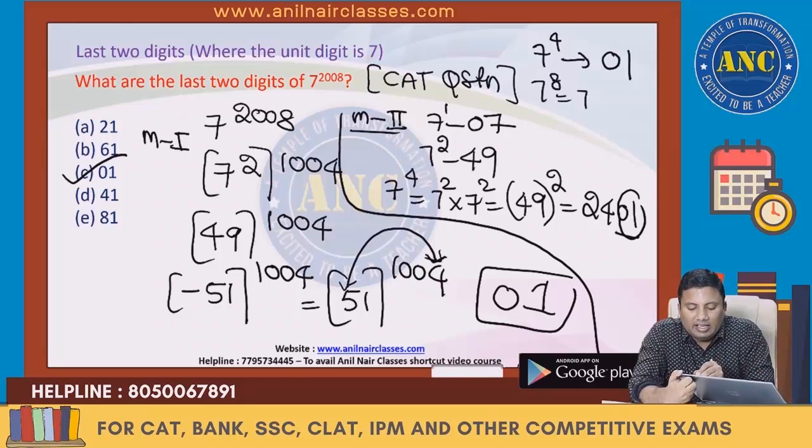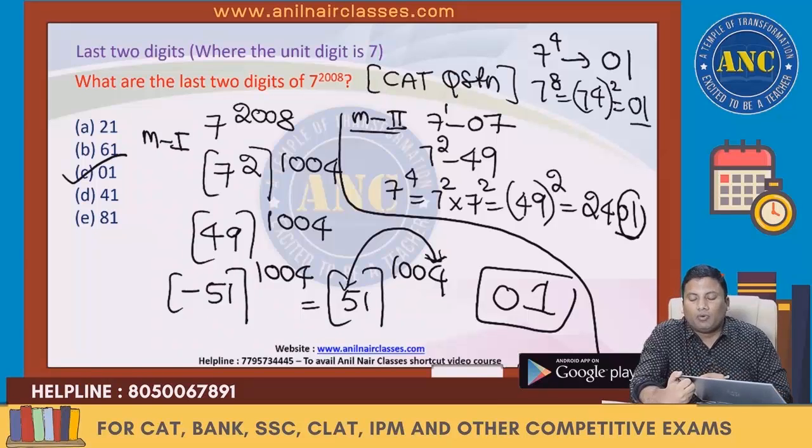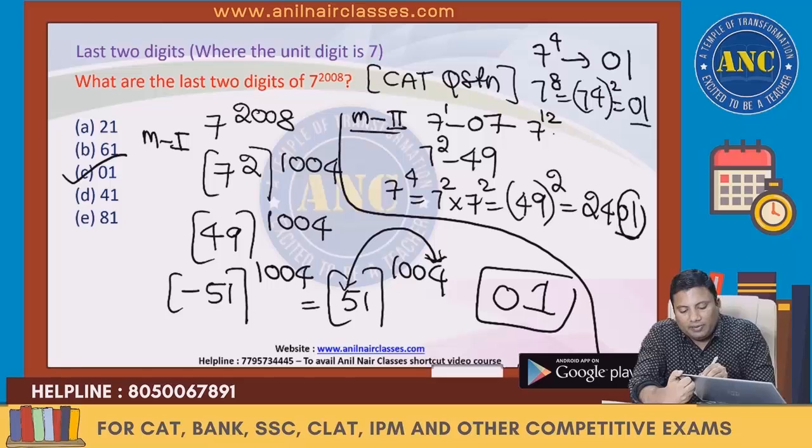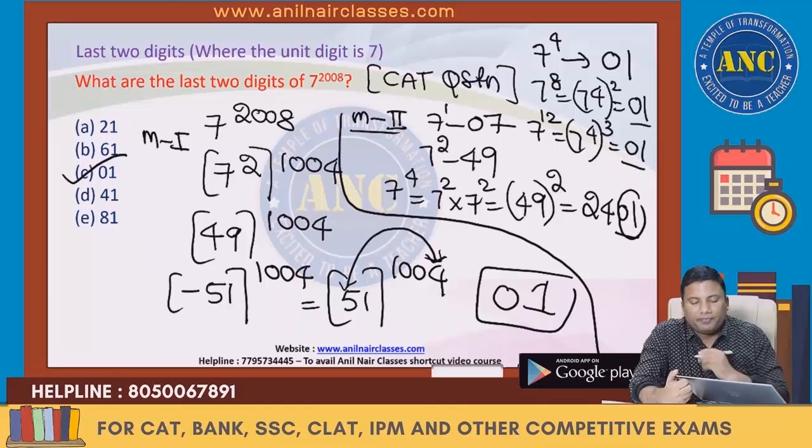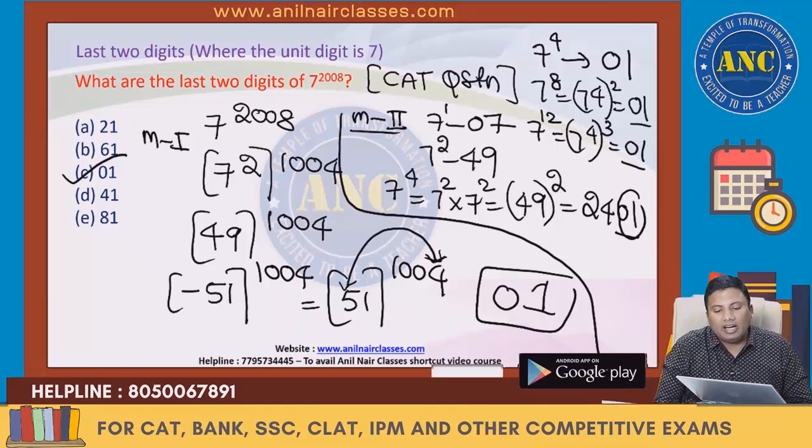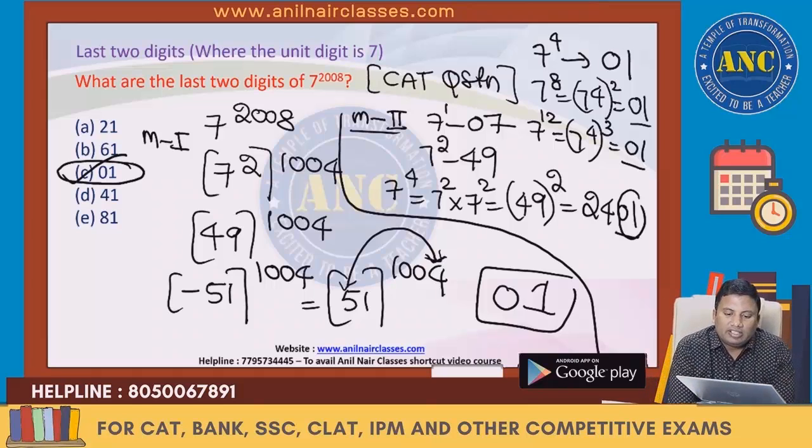7 power 8 is 7 power 4 whole square. 1 square is again 1. 7 power 12 is 7 power 4 whole cube. 1 cube is 01. That means if the power is a multiple of 4, the answer will always be 01. In this case, if the unit digit is 7 and the power is a multiple of 4, the last two digits will always be 01.